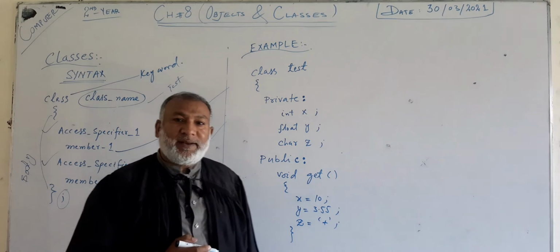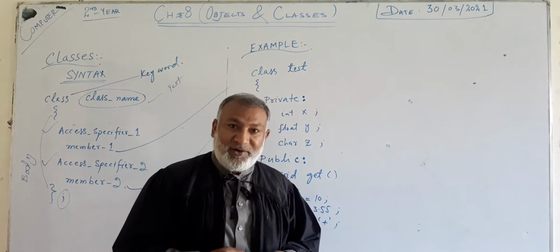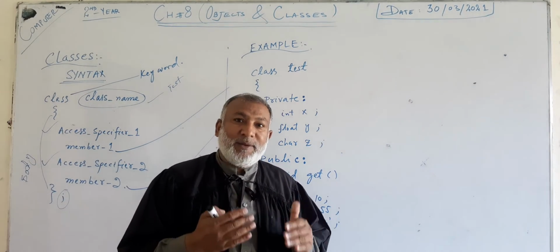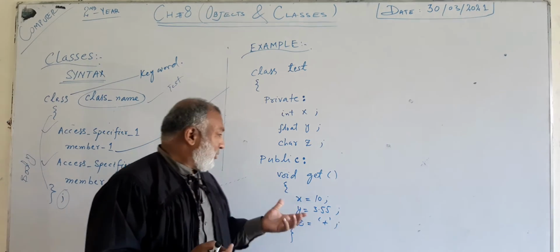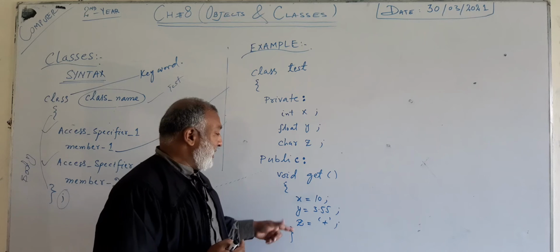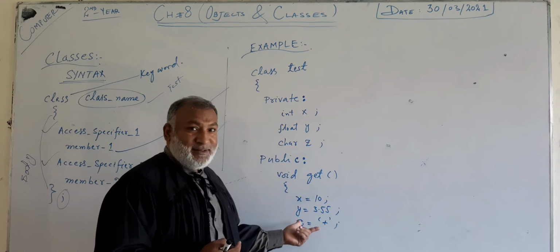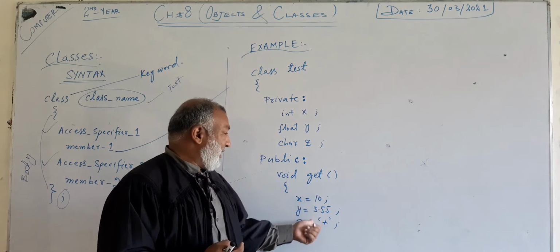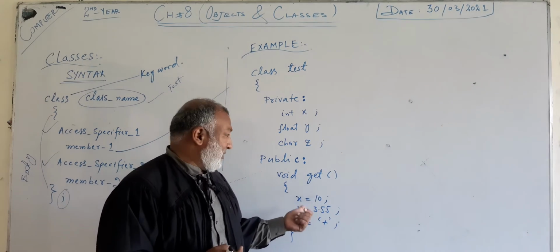As we said, the member functions are the actions which we perform upon the data. So this is a member function inside the class body, and it is initializing, since we are giving the initial value to the variables, so it is initializing these variables.